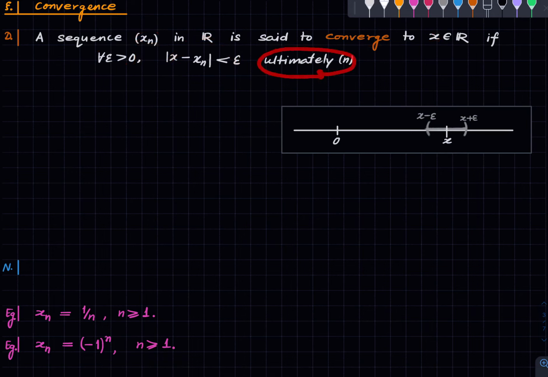So that's just a phraseology. The point to which a sequence converges is called the limit of the sequence. Now one may object, why are we using the definite article here? The use of the definite article is sanctioned once we can prove that there is a unique such x.